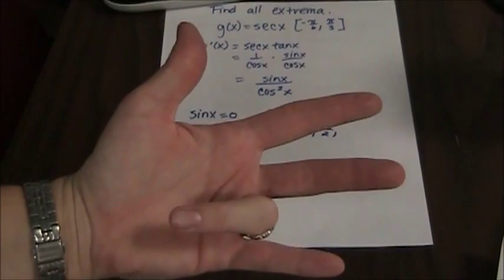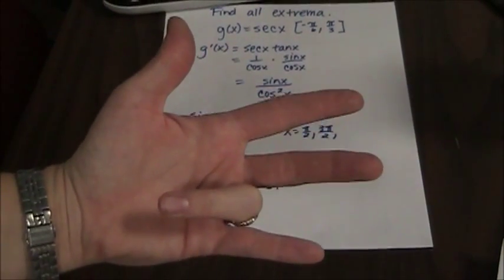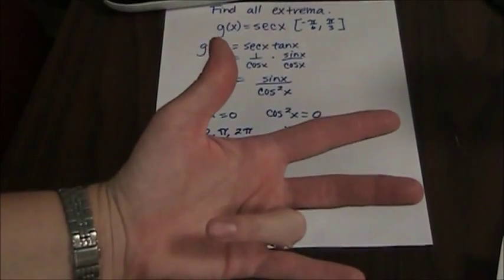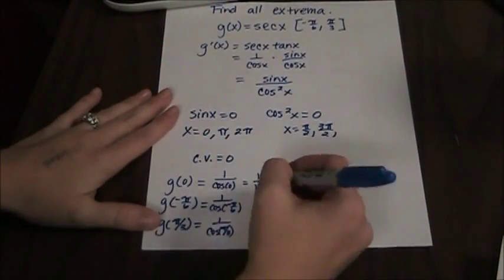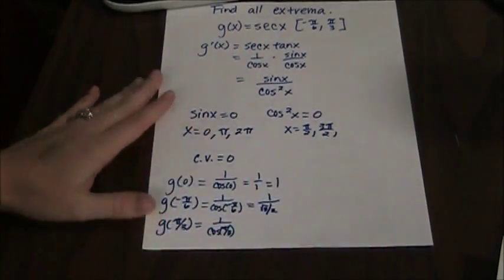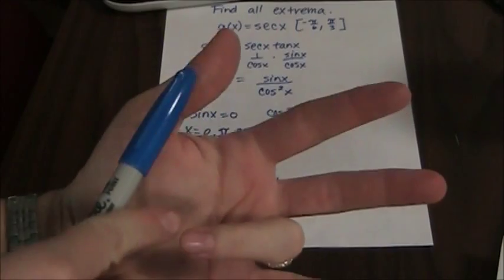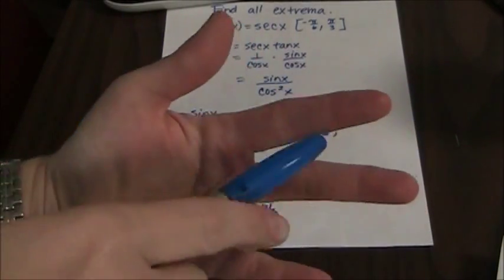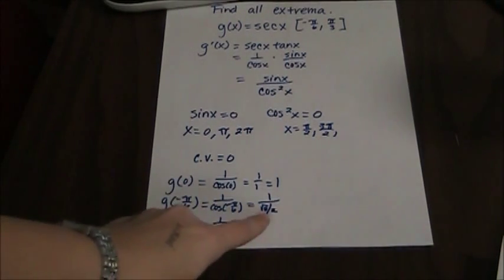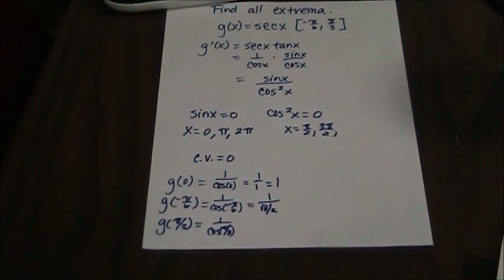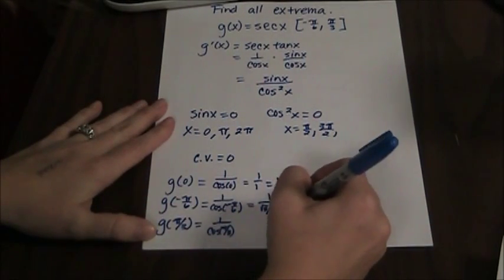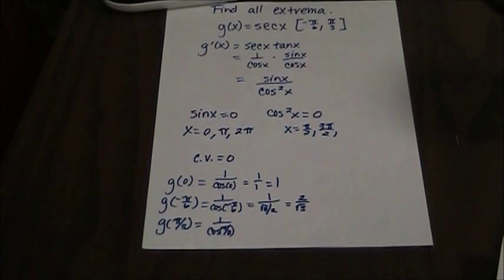And it's negative pi over 6, so that's the fourth quadrant. X's are still positive in the fourth quadrant, so it would just be square root of 3 over 2. So 1 over square root of 3 over 2. Because pi over 6 is this angle, there's 3 fingers, cosine's the fingers on top, so square root of 3 over 2. And then if you have a fraction in the denominator, it's the same as multiplying by the reciprocal, so this is equal to 2 over square root of 3.